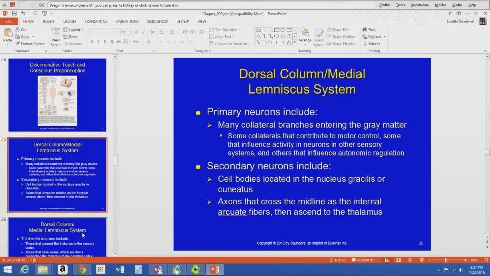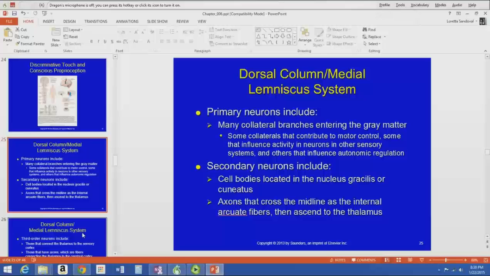The primary neurons have lots of branches entering the gray matter that contribute to motor control, influence activity in neurons of other sensory systems, and influence autonomic regulation. We're going to talk about all these systems separately throughout the class, but they all do influence each other.